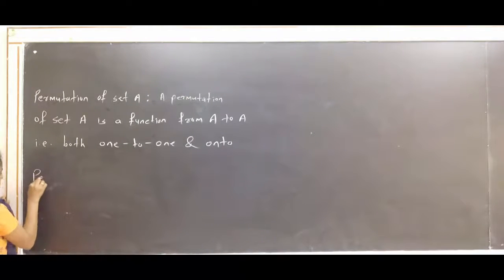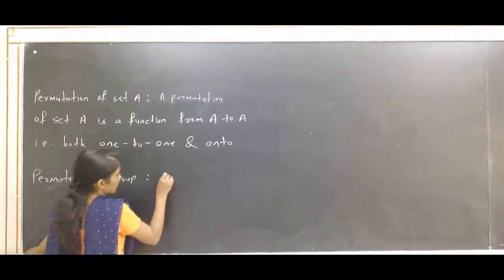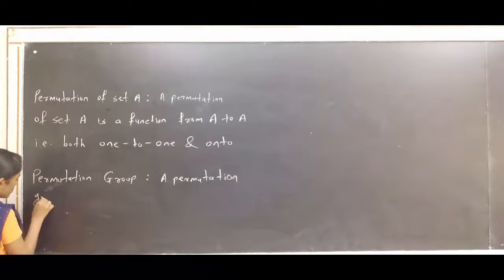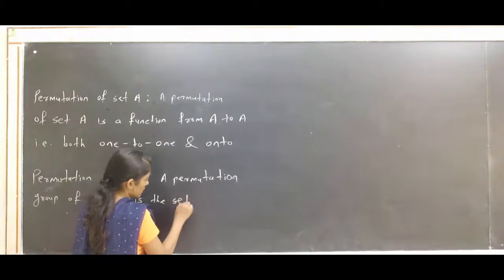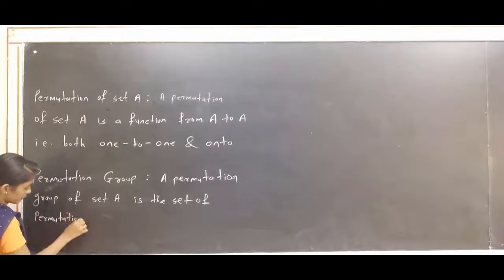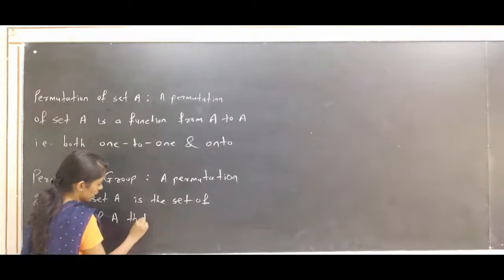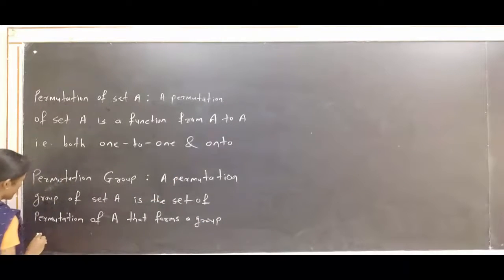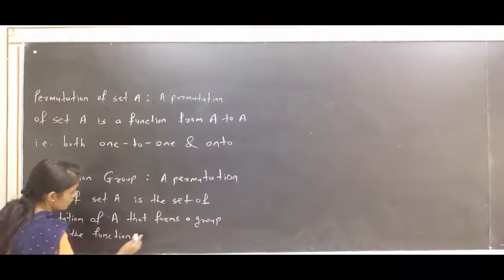Permutation group. A permutation group of set A is the set of permutations of A that forms a group under the function composition.